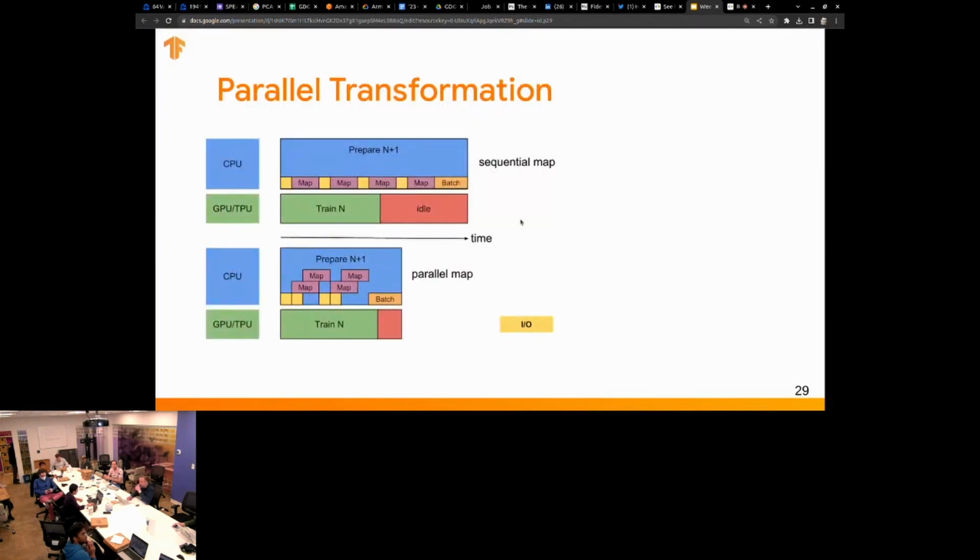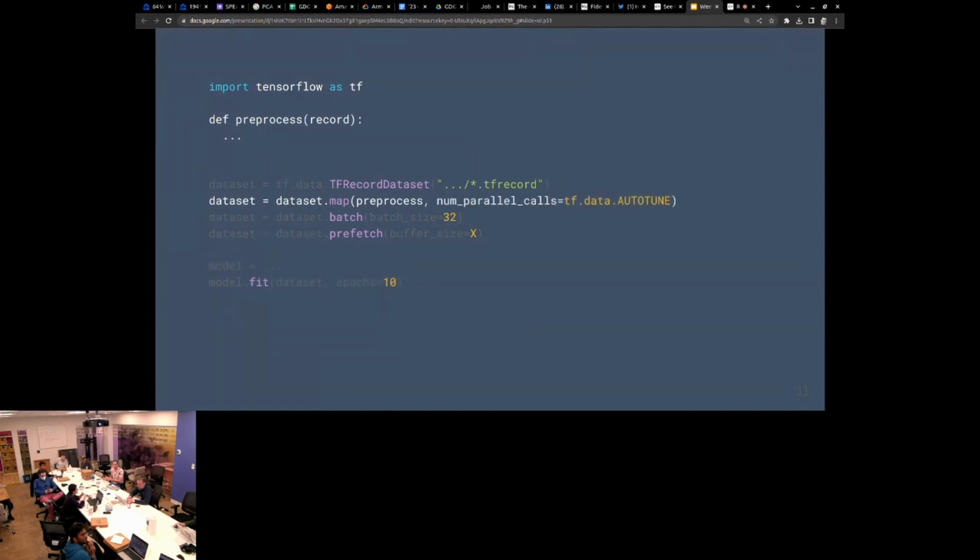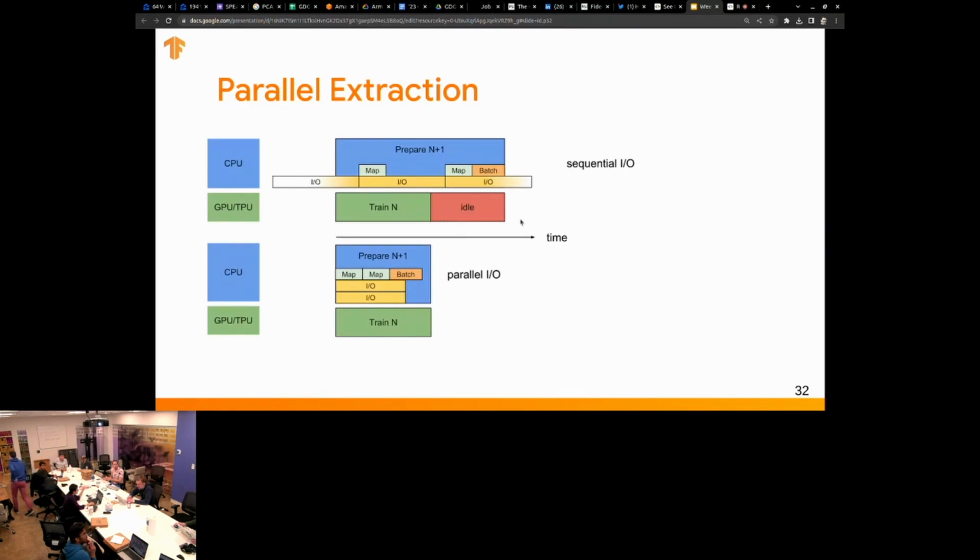Another piece of magic that you can apply is to have parallel transformation. So instead of having all of this processing happen once, you can have it happen in parallel, so it saves a lot of time for you. And lastly, you can read in parallel. So far we made the mapping parallel, and we also use the prefetching.